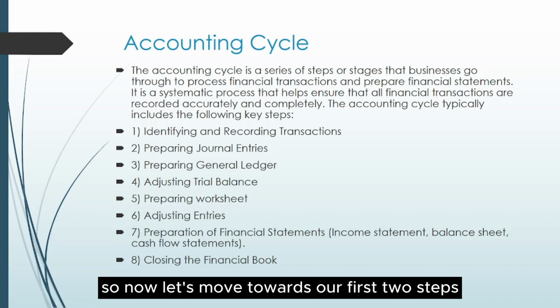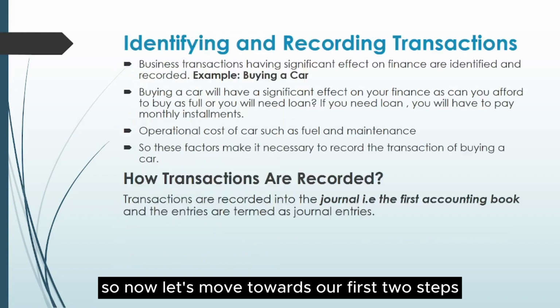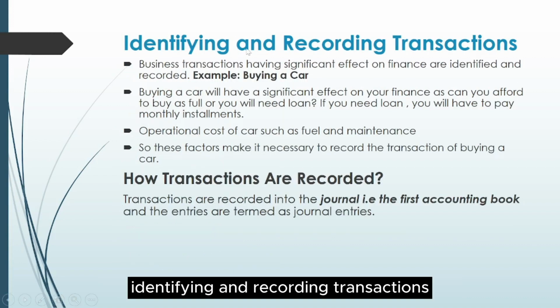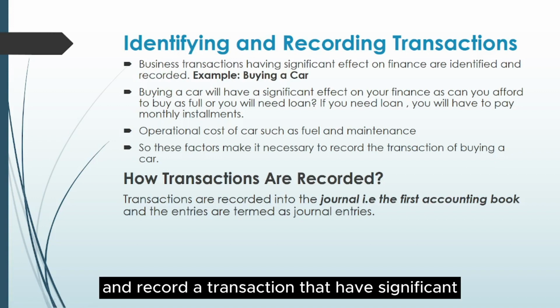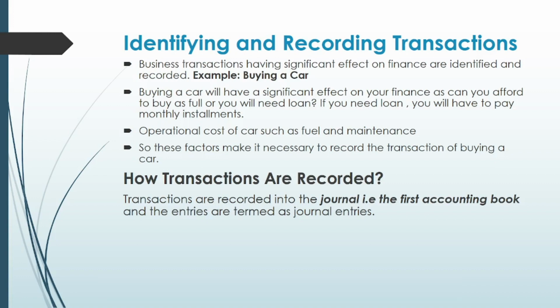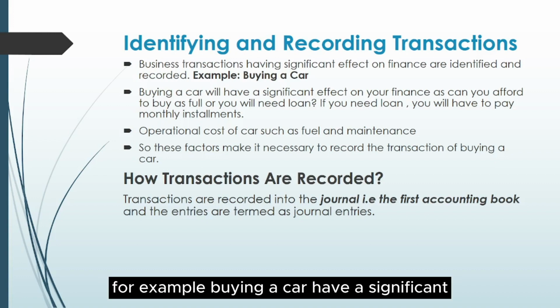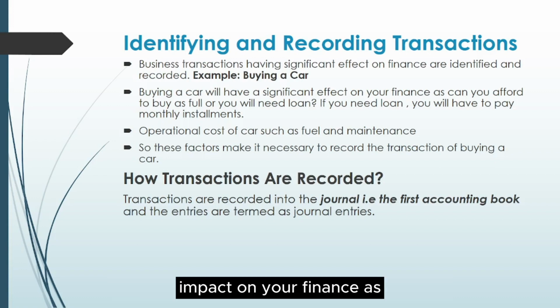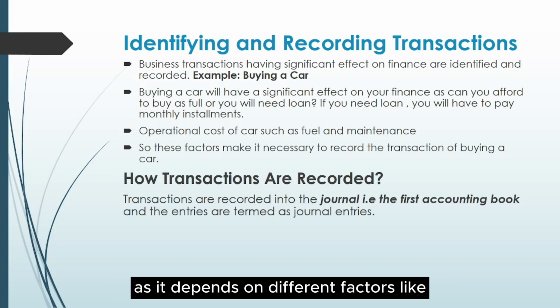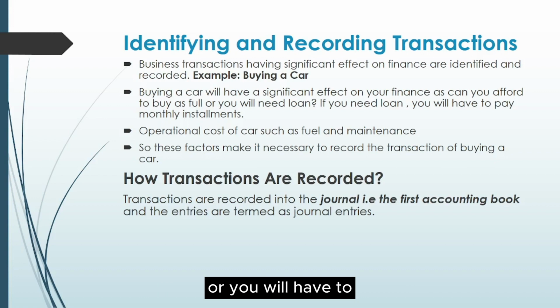So now let's move towards our first two steps. Identifying and recording transactions. In this step, we just have to identify and record a transaction that have significant impact on your finance. For example, buying a car has a significant impact on your finance as it depends on different factors like can you afford the car to buy in full or you will have to pay monthly installments.